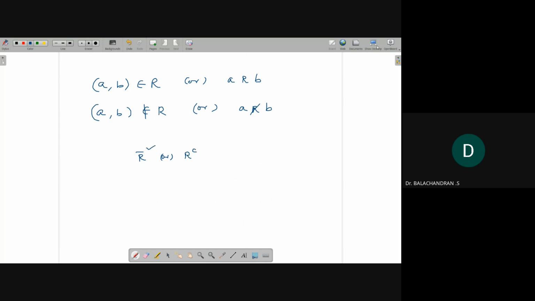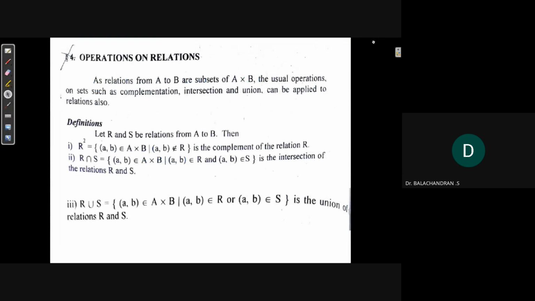So what do we mean by R complement? It contains elements in A cross B such that (a, b) is not in R. Those elements which are not in R are in the complement. I think you understand what we mean by complement.